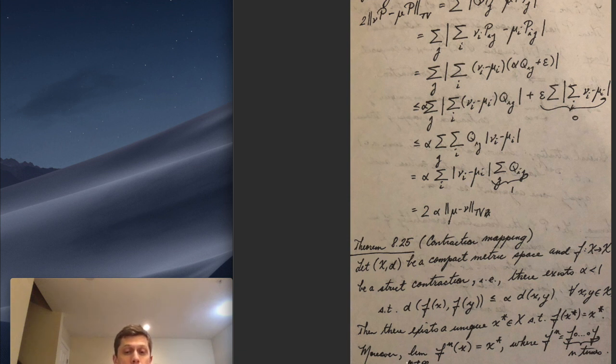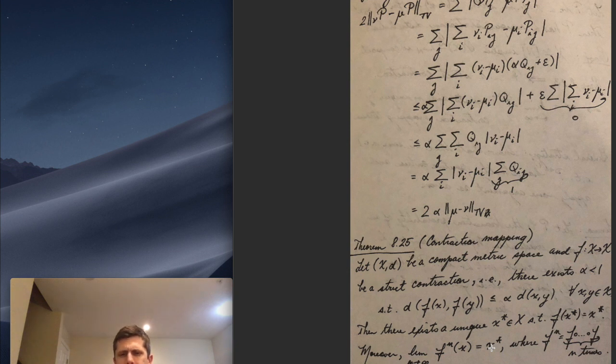And moreover, this limiting result holds when we iteratively compose the function with itself. It will converge for any state x to that fixed point. So this is the contraction mapping theorem. There's a proof in the notes actually, but I'm not going to prove it here. This is a theorem from real analysis.